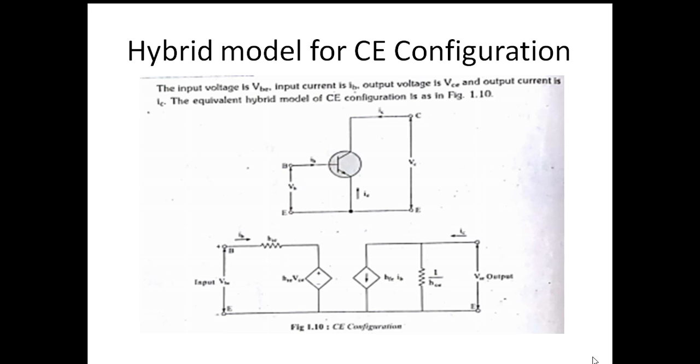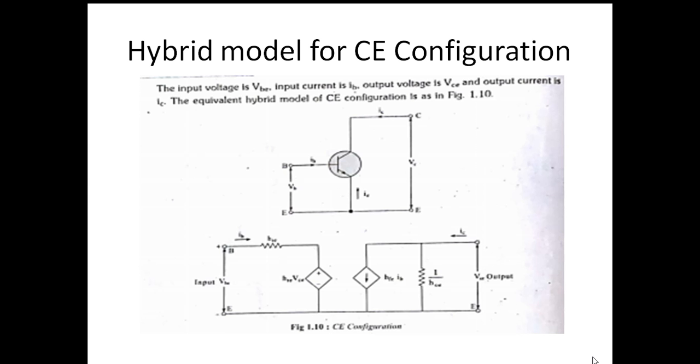So the hybrid parameter model is a mix of quantities, that is input impedance, reverse voltage gain, forward current gain, and output admittance. So these four quantities are replaced with a transistor amplifier.